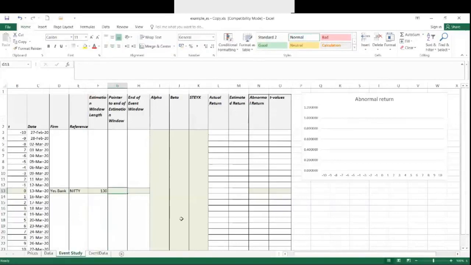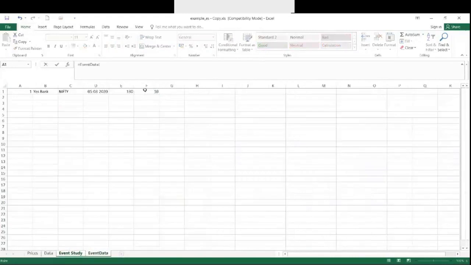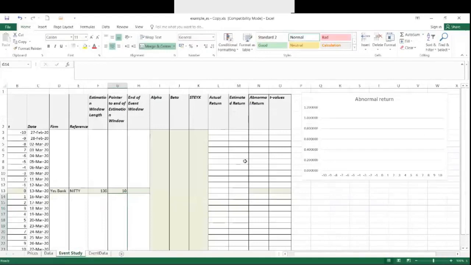What is this? That is essentially when I stop. I have listed it as 10, so I stop before the 10th day. That's it. Now the end of the event window is the same, 10 days, so I can just say 10.